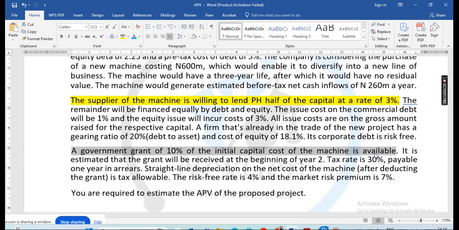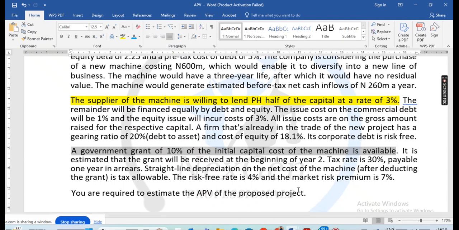They will give 10% of the initial capital, which is 600 million, as grant. That grant will become an inflow to the company. Class, are we following? Yes, sir.